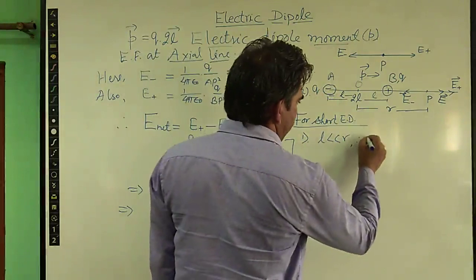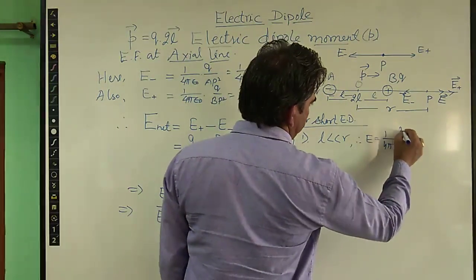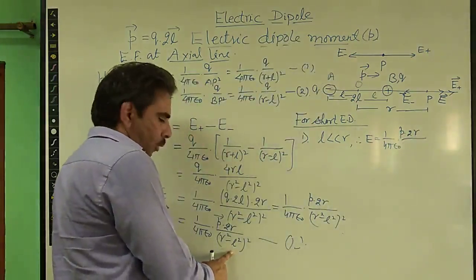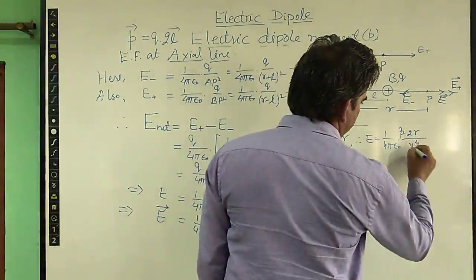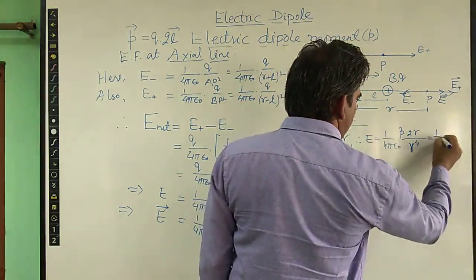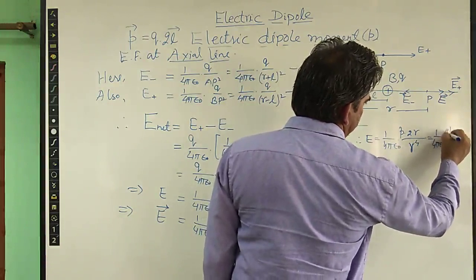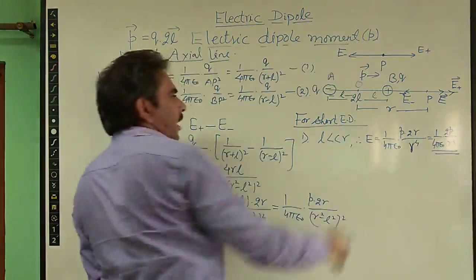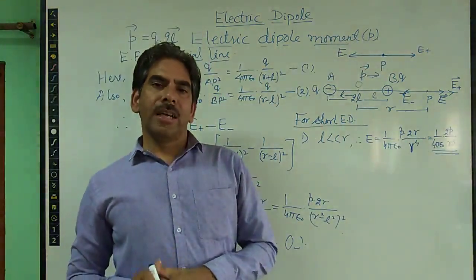Therefore the electric field takes the form 1 upon 4 pi epsilon naught into P into 2R upon R square minus L square squared. We can drop L here because it is very small, so we are left with R square to the power 2, which is R to the power 4. So we are left with only 1 upon 4 pi epsilon naught into 2P upon R cube. This is a very important expression for the short electric dipole, or we can say for an ideal dipole.